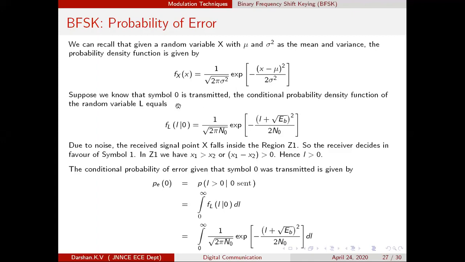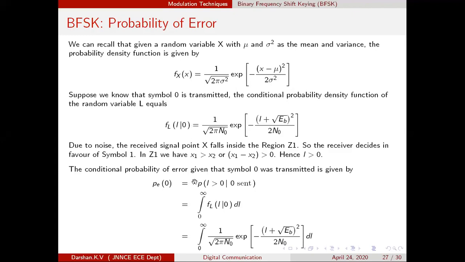Now what we will do is, in the previous slide we have calculated the mean and variance for the random variable L. So we will choose that particular random variable L. Now I am writing the conditional probability density function for L. You may ask, how does this L help in obtaining the probability of error?